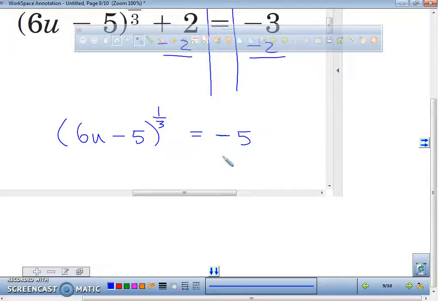Now, I am not going to make you change this to a radical. I want you guys right now to realize that this guy right here is raised to the power of 1/3.